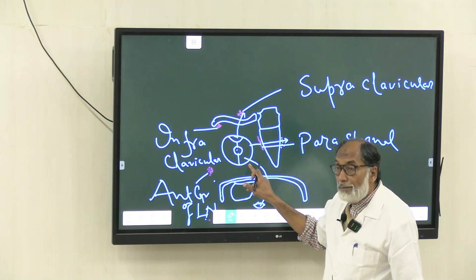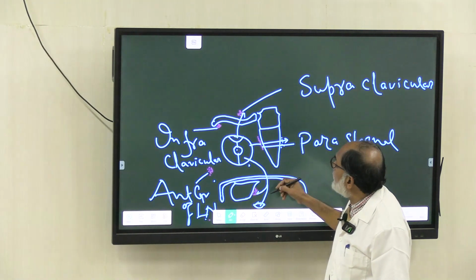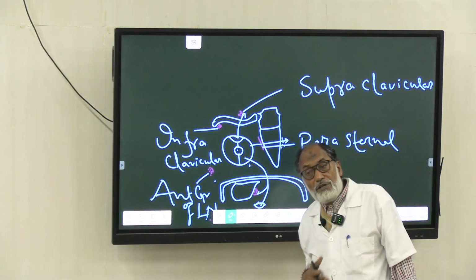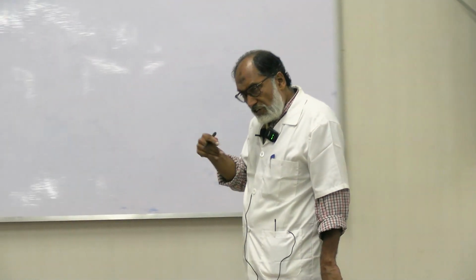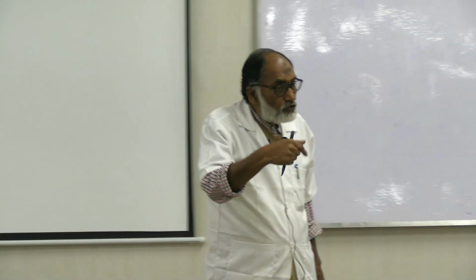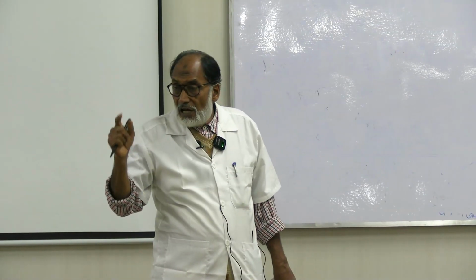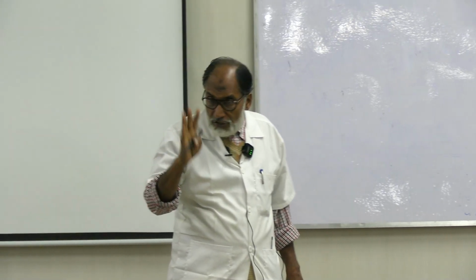Now, from the medial aspect, sometimes lymph vessels may pierce the anterior abdominal wall, the rectus sheath, and join with the subperitoneal lymph plexus.